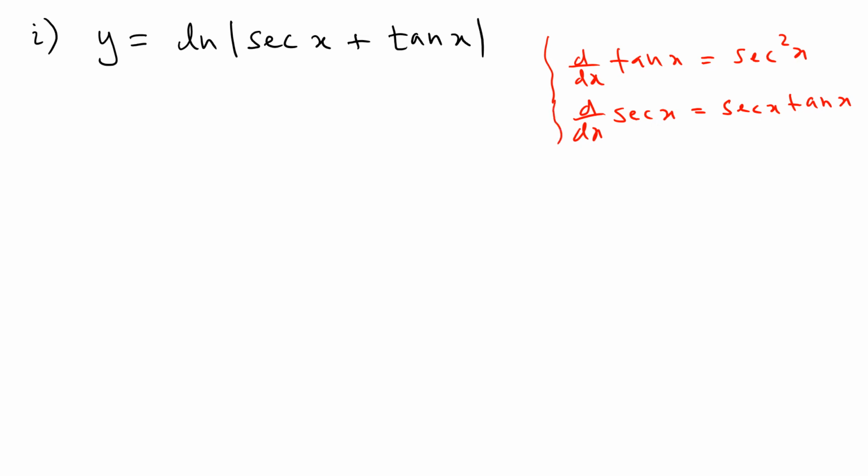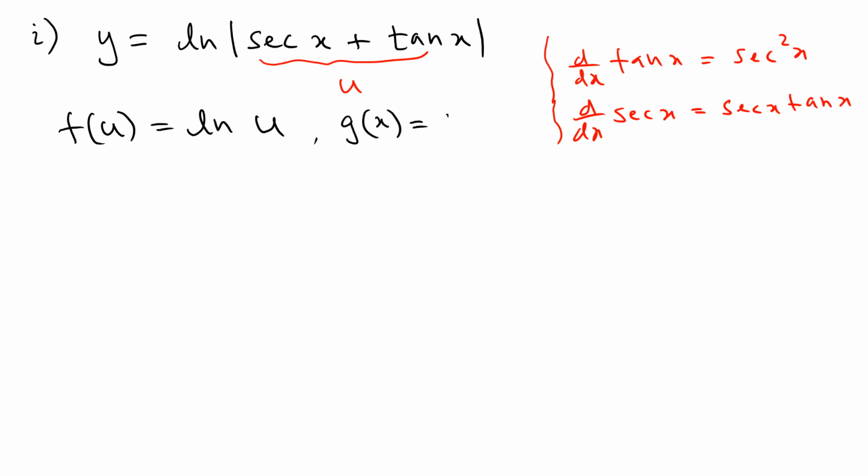Okay, so let's try to figure out our function now. The inside function in this case is secant x plus tan x. So we have the outside function f(u), which is simply ln u, and then the inside function, which is g(x) equals secant x plus tan x.